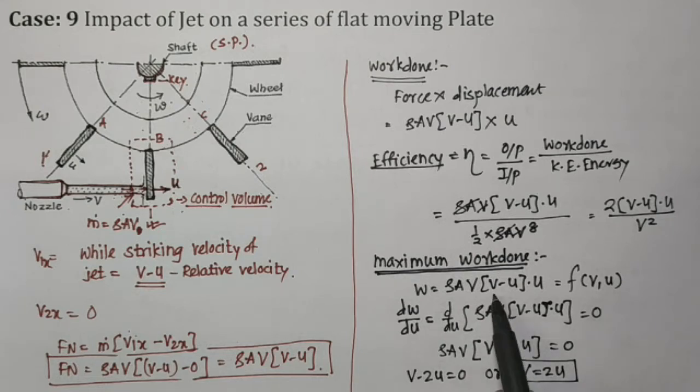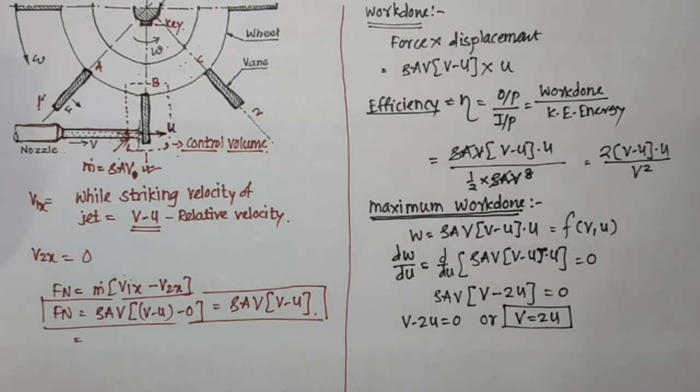If we put this value in this equation, we will have work done max, that is what we call the maximum work done, is equal to rho a (2u minus u) into u.